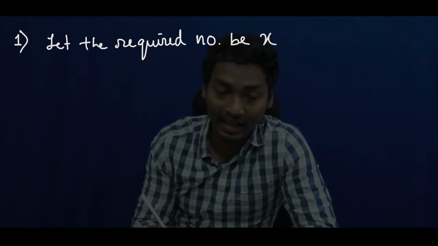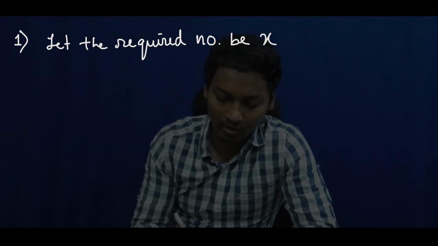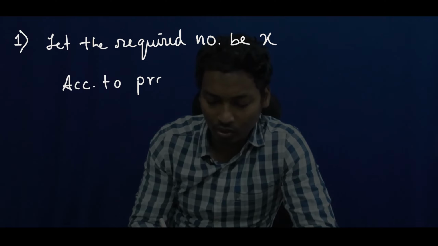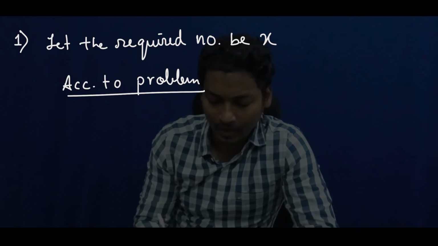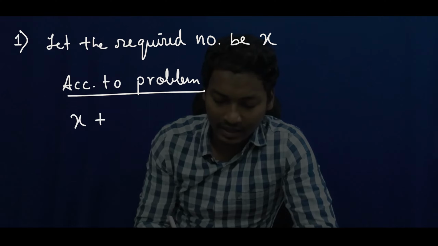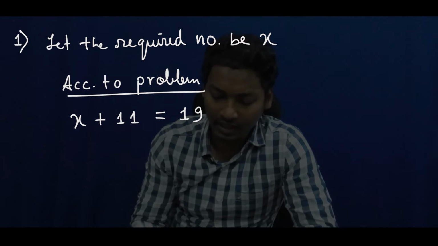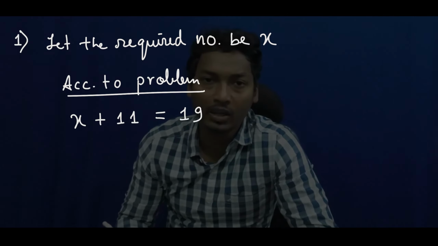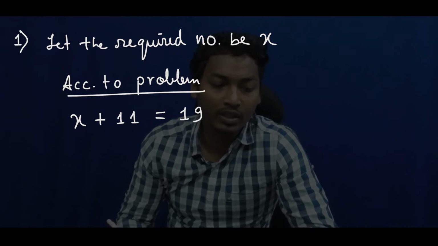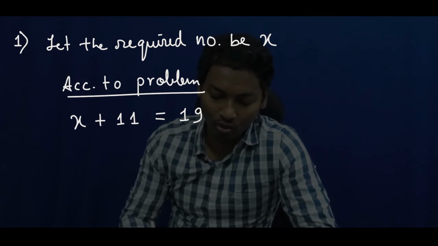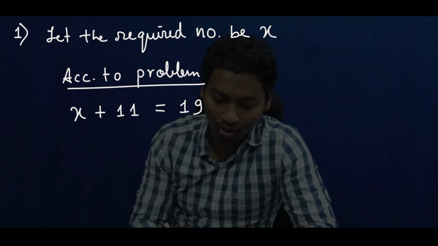So according to the question, if 11 is added to this number, the result is 19. So here you have the correct equation, and using this equation you can get that required number by solving the equation.